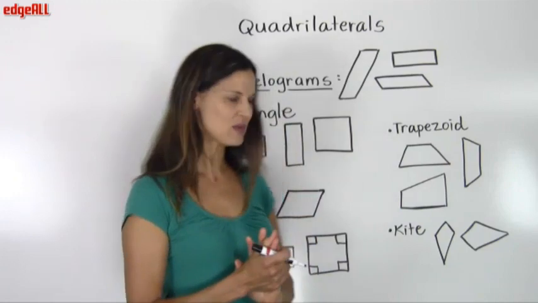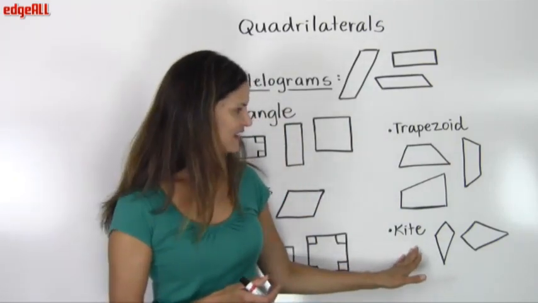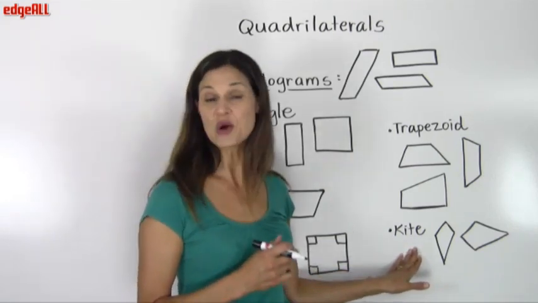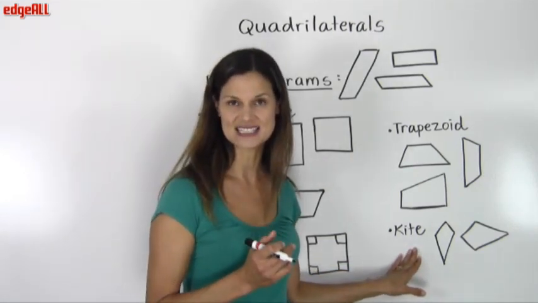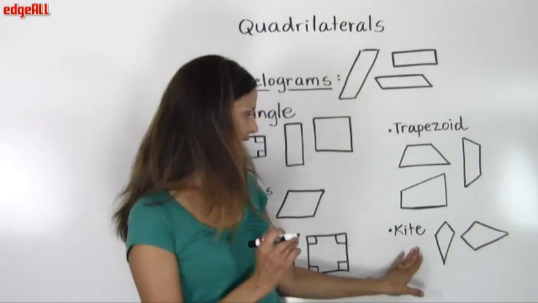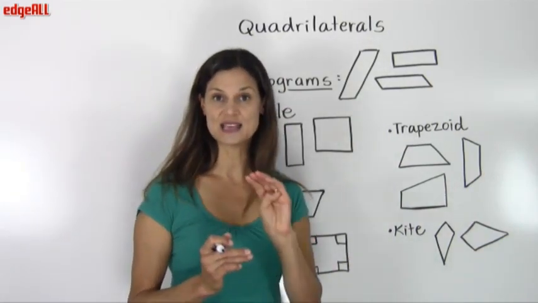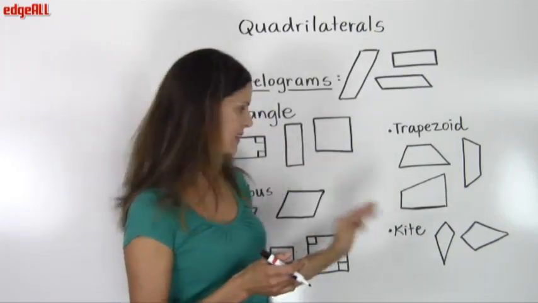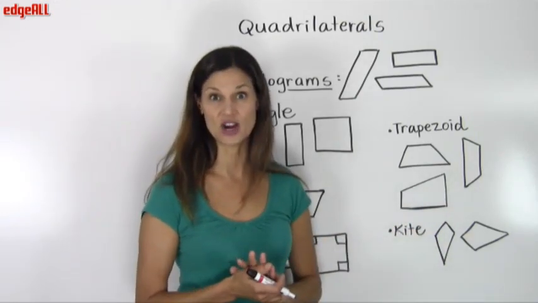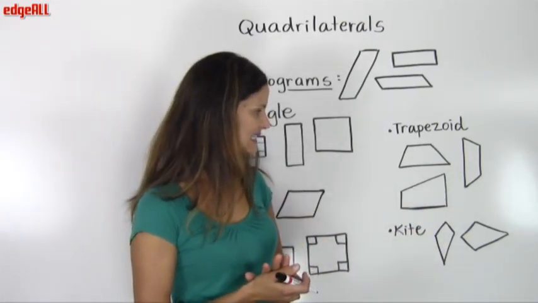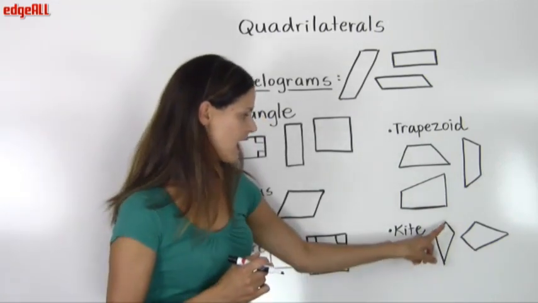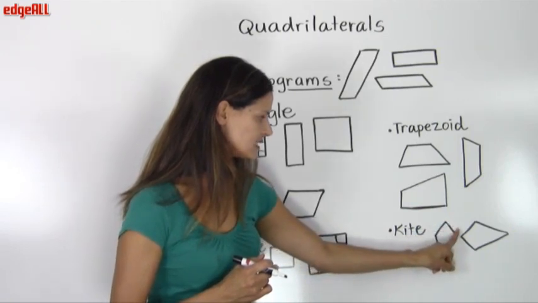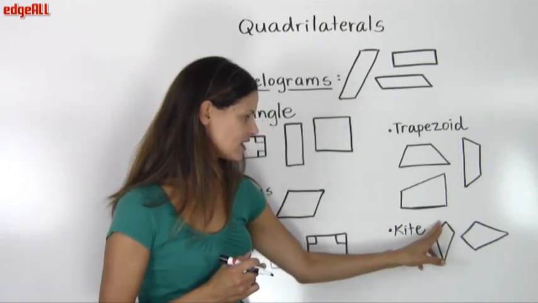And then lastly, we have our kite. The definition of a kite is that a kite has two sets of equal sides which are adjacent to one another. So a kite is a quadrilateral because it has four sides. It's not a parallelogram because none of its opposite sides are parallel to one another. But it does have two sets of equal sides. So this length here is equal to this length here, and they're adjacent to each other.